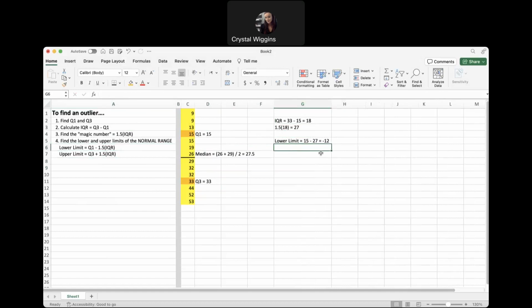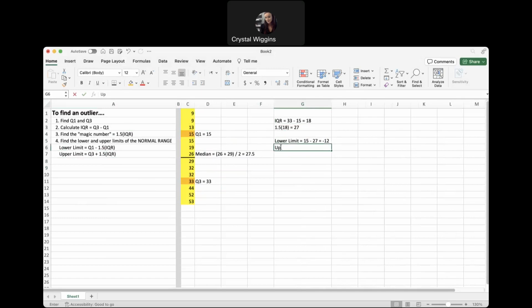So what this -12 is saying is that if there are data values in this data set smaller than -12, they would be considered outliers. My smallest data value in the data set is a 9. So I do not have any outliers on the left side of the number line, or on the smaller numbers.